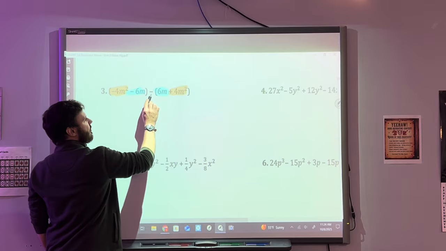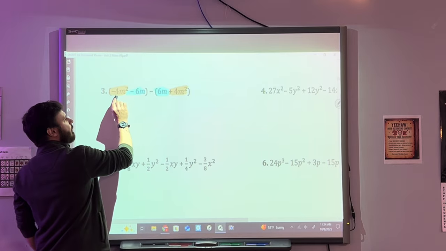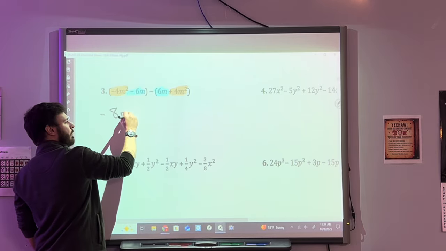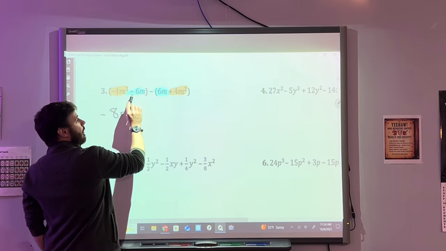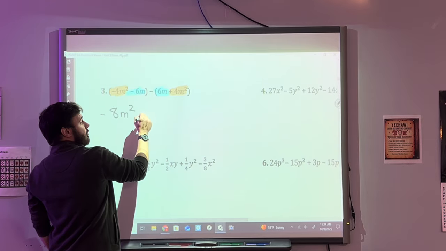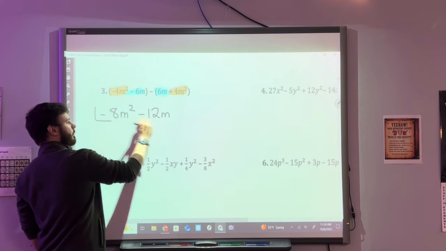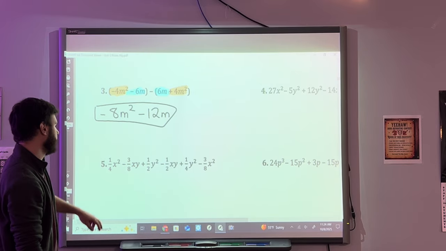Negative 4m squared minus positive 4m squared. The negative is going to win. Negative 4m minus 4m gives me negative 8m squared. Minus 6m minus 6 more m. Okay, don't tell me that whole thing is 0. That's a trap.